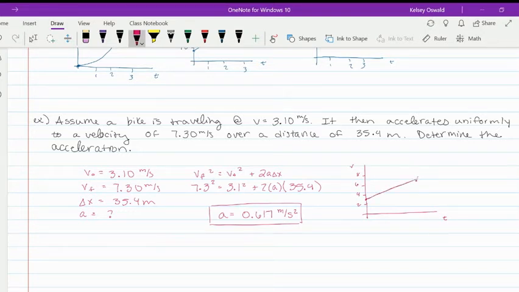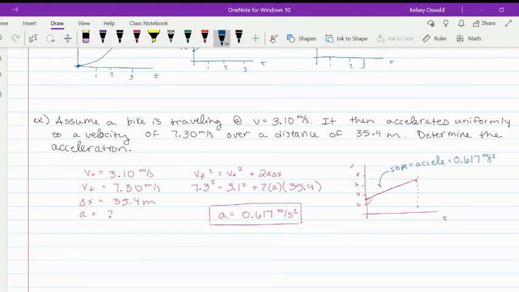The reason why velocity time graphs are super helpful is because we know the slope of this line is equal to our acceleration, which we now know is 0.617. So we know the slope of this line is 0.617 meters per second squared because that's our acceleration.